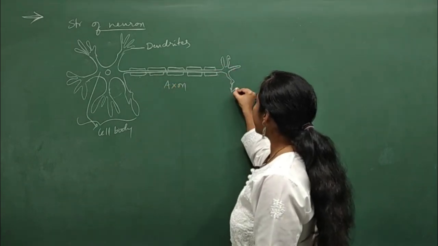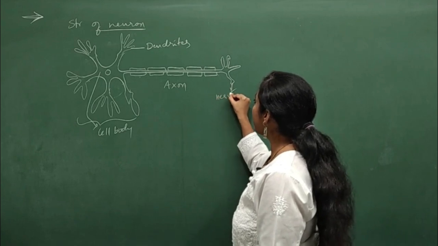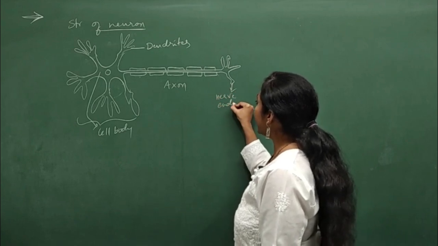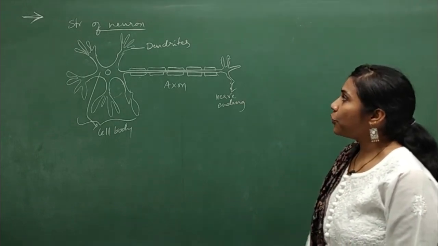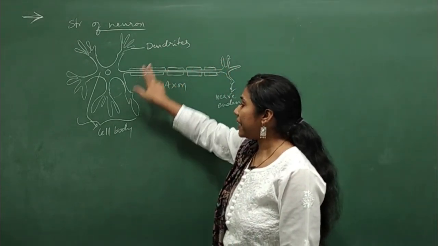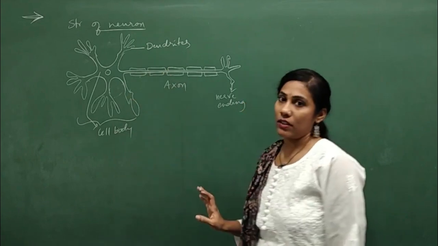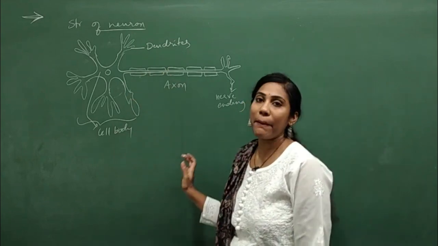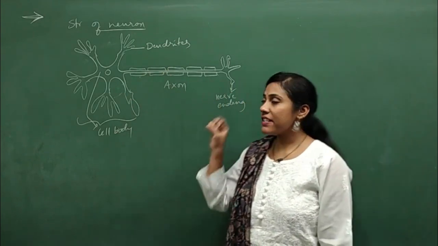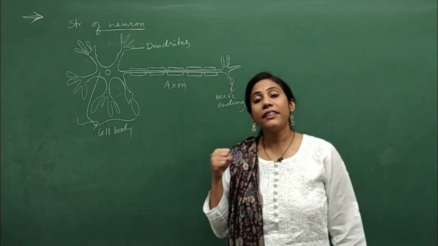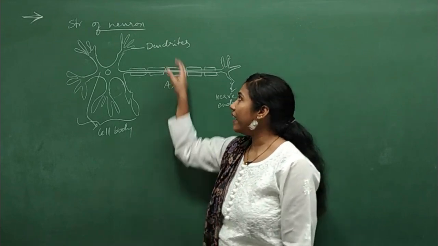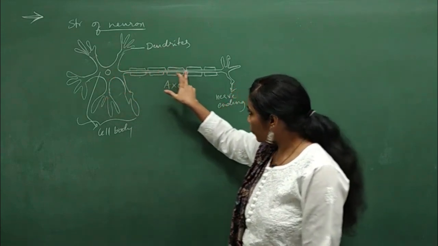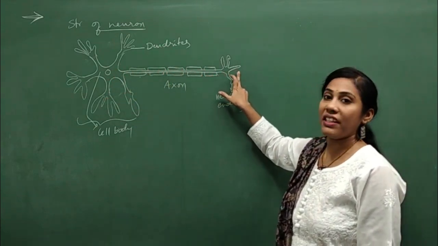And this one is the nerve endings. Clear? That's it. Very simple. So you must know what you mean by dendrite, cell body and axon. These are the three important parts of neuron. Dendrites are the ones which take the information from the stimulus. Clear? And that information is passed through the axon and later to the nerve ending.